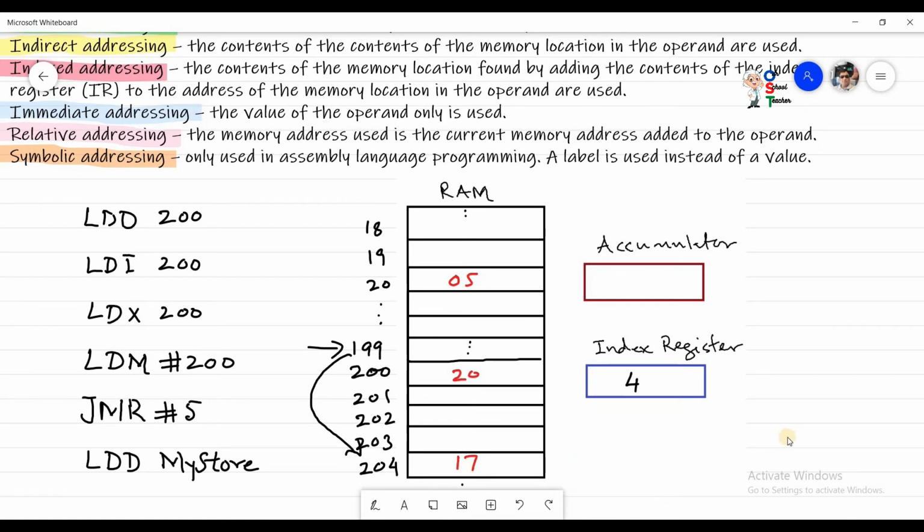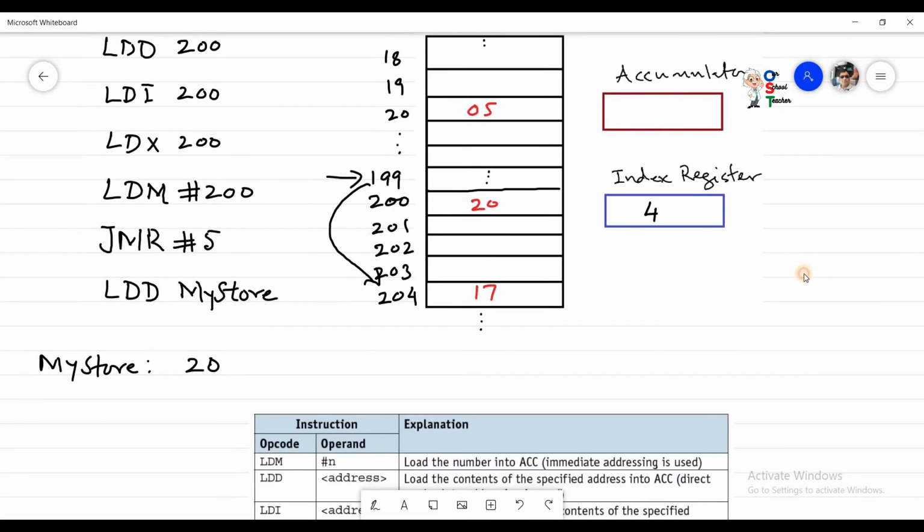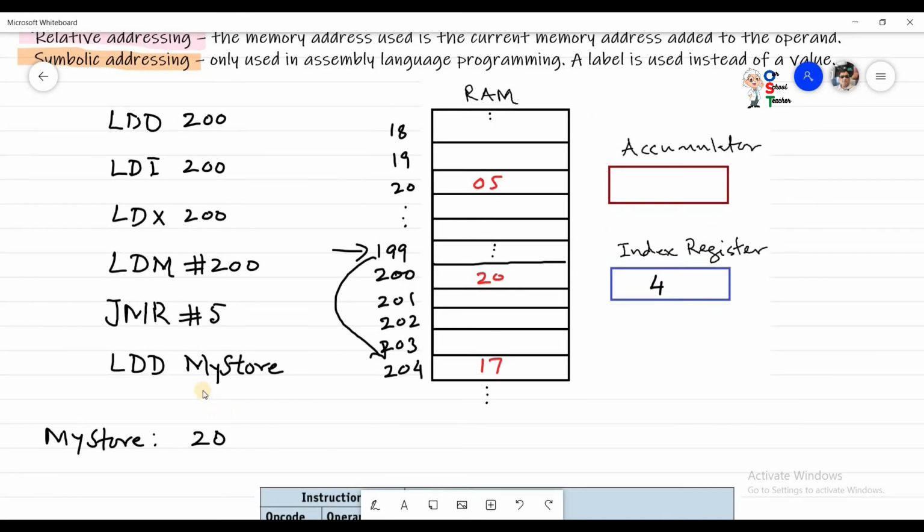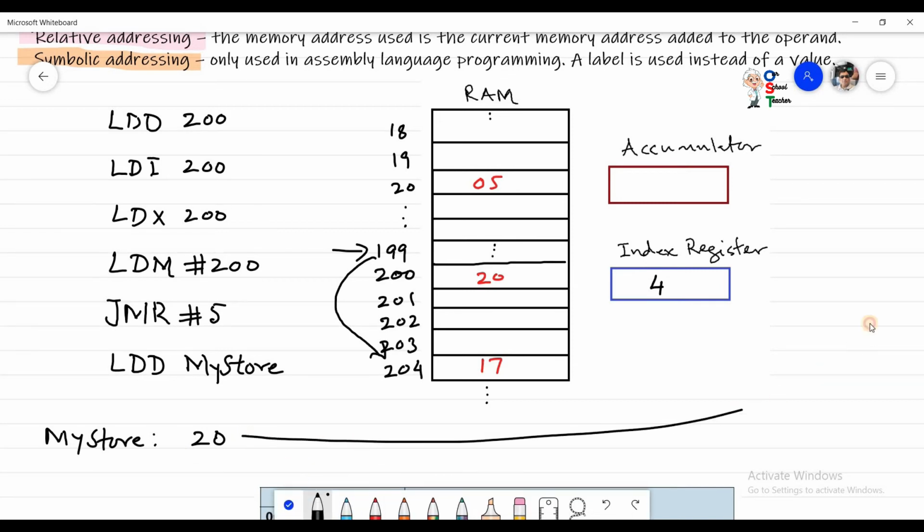In the program, somewhere at the end, the label value will be given, the label would be defined, and from this the value will be picked and stored in the accumulator.